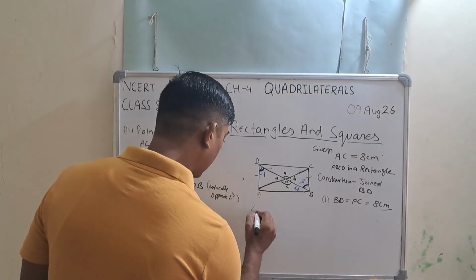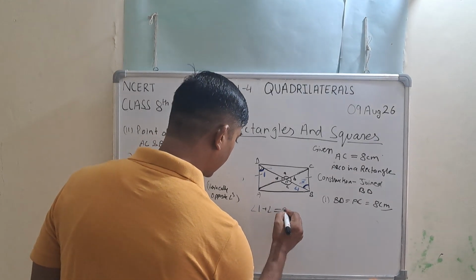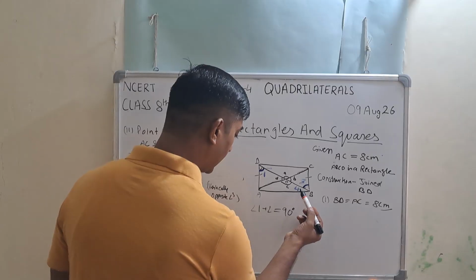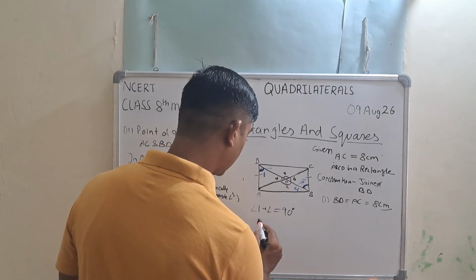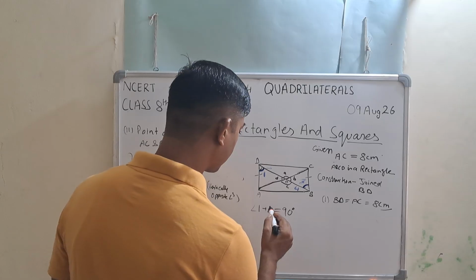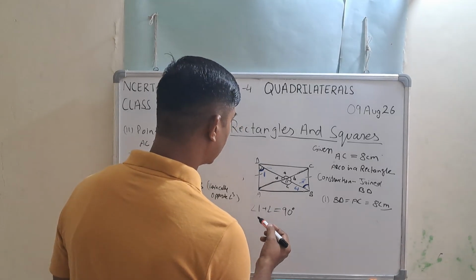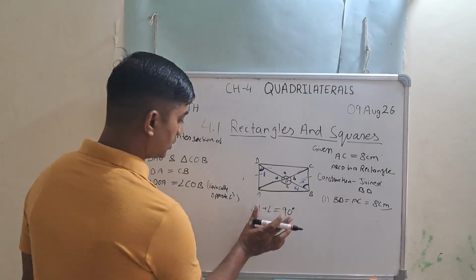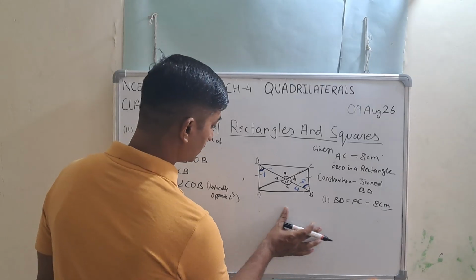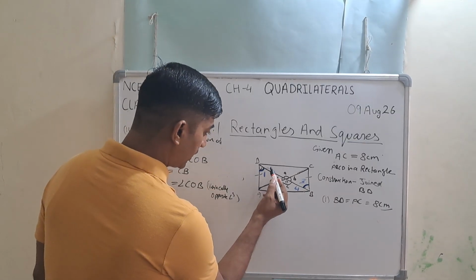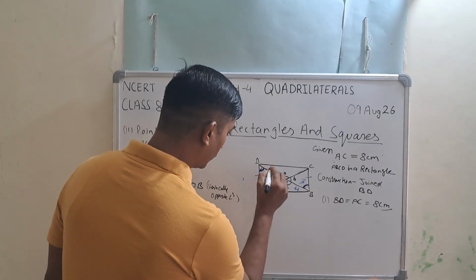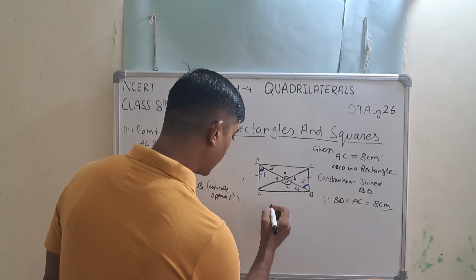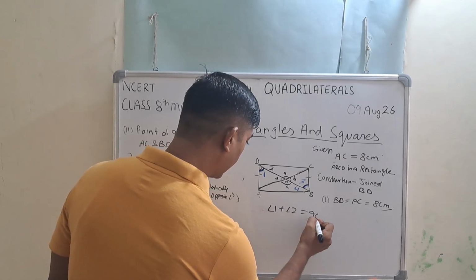Now see, angle 1 plus angle 2 is 90 degree, right?